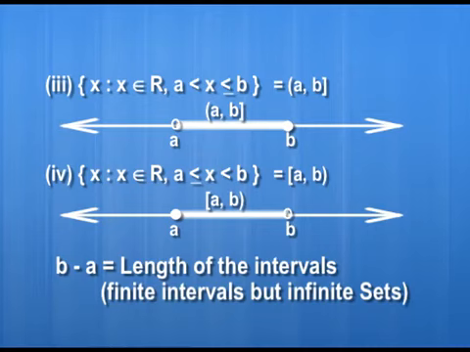Let me come to the set of real numbers where x is greater than or equal to a and less than b, means a has been included and b has not been included. Again, a is on this side closed because a is included and the circle is dark. B has not been included, so here we have drawn the hollow circle and the portion in between is darkened.